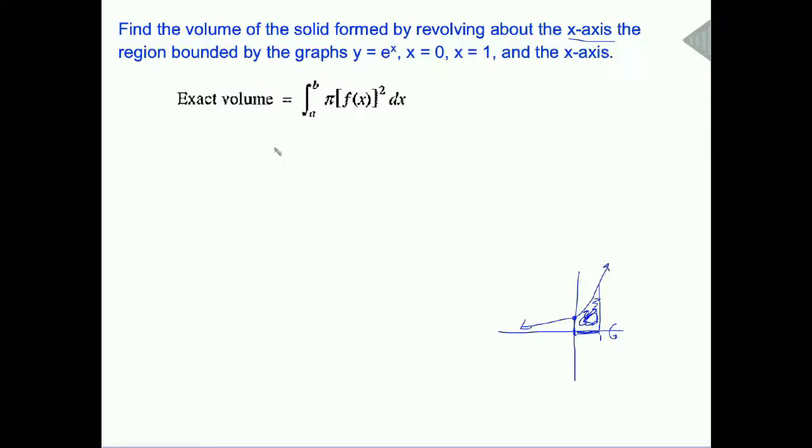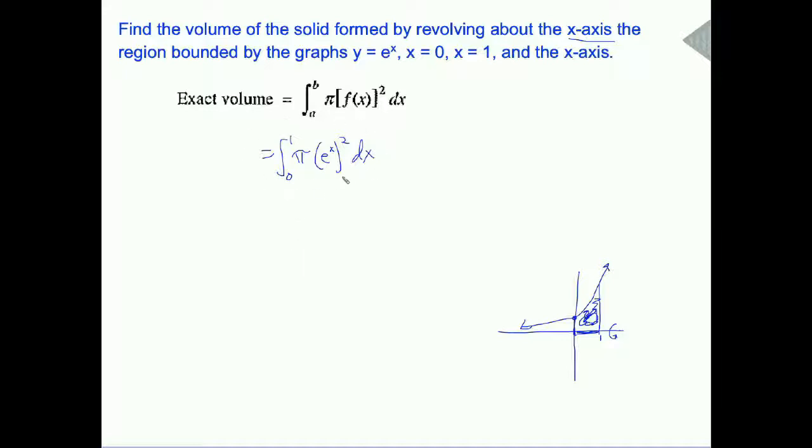Well, same idea. Make sure you know this concept of the volume. It's going to be the integral from a to b, which in this case, again, is 0 to 1, of pi times the radius squared, where the radius is the function, so this is e to the x squared, dx.